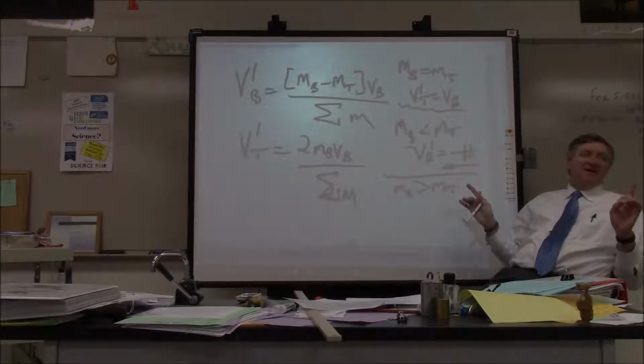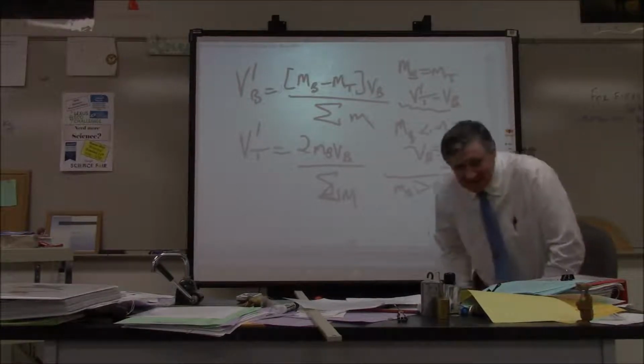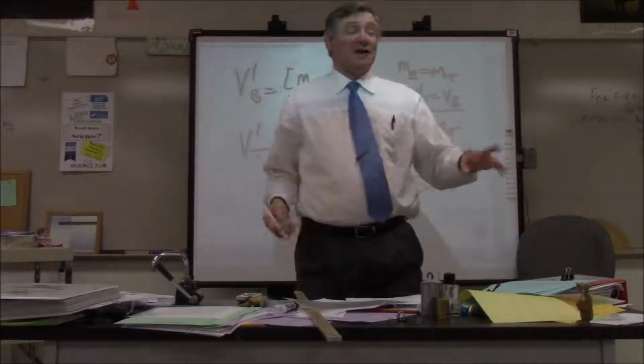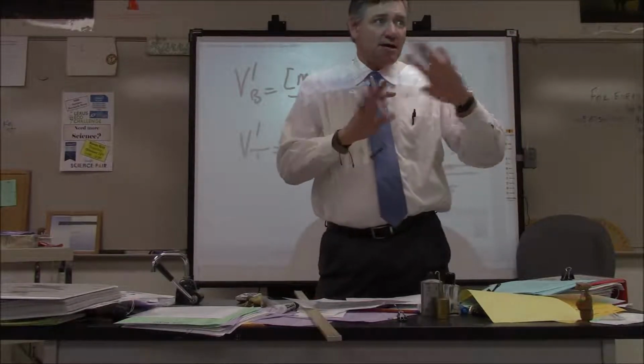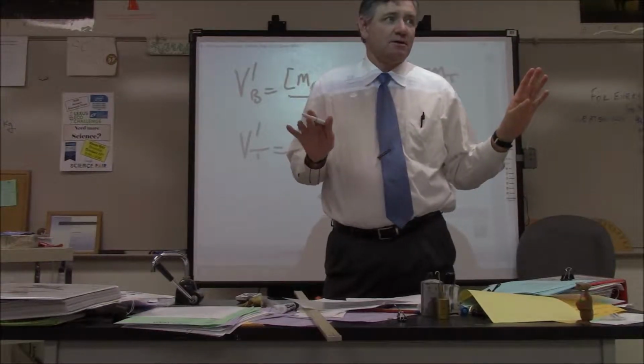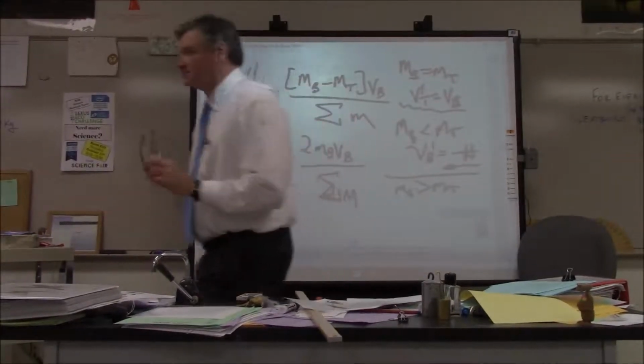Well, if they combine masses, it cannot be a perfectly elastic collision. It only works if they don't stick together. So this isn't really natural, it's more like subatomic particles, like protons.